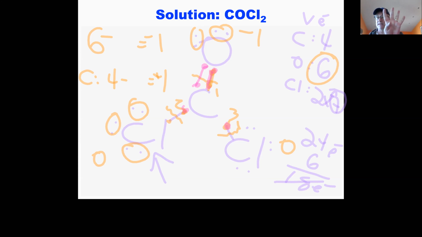It has 4 bonds, and it gets to keep one of those electrons from each one. So now it has 4, so it's not positively charged anymore. It has no charge. What about the oxygen? How many valence electrons does the oxygen have now? 6.